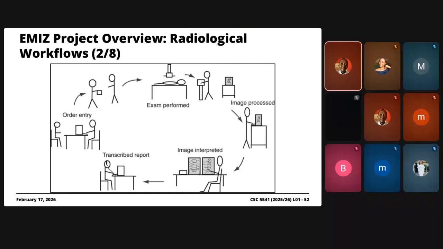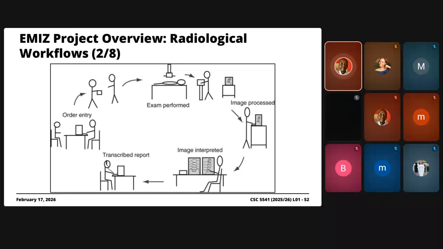So let's say the general practitioner suspects that you have pneumonia or something like that. To confirm, the general practitioner will typically recommend that you go and get a chest X-ray or something like that, right?